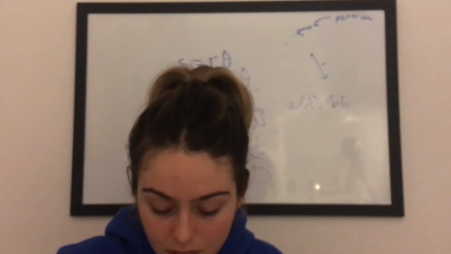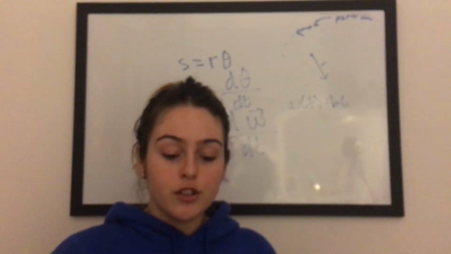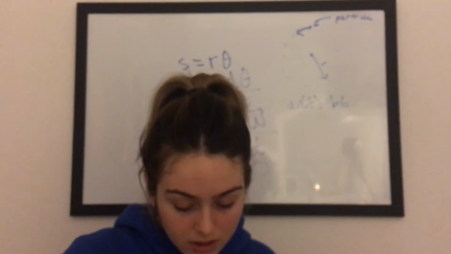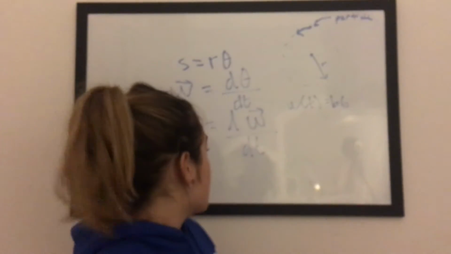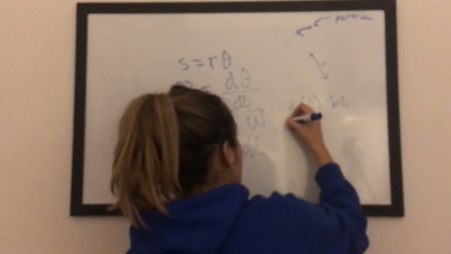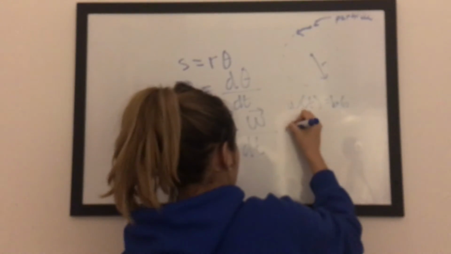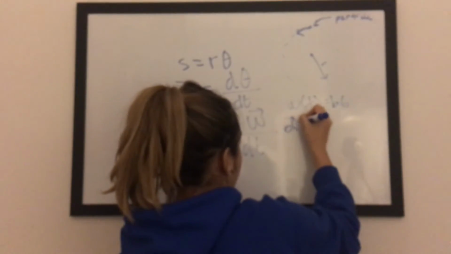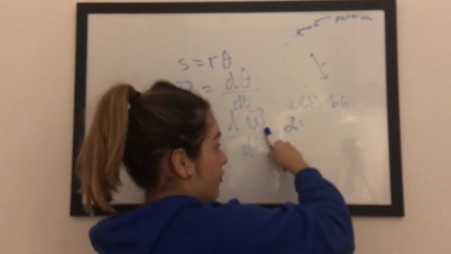So the first thing I would do when looking at this is to note that if we know angular velocity, we can find angular acceleration by finding the derivative of the angular velocity.